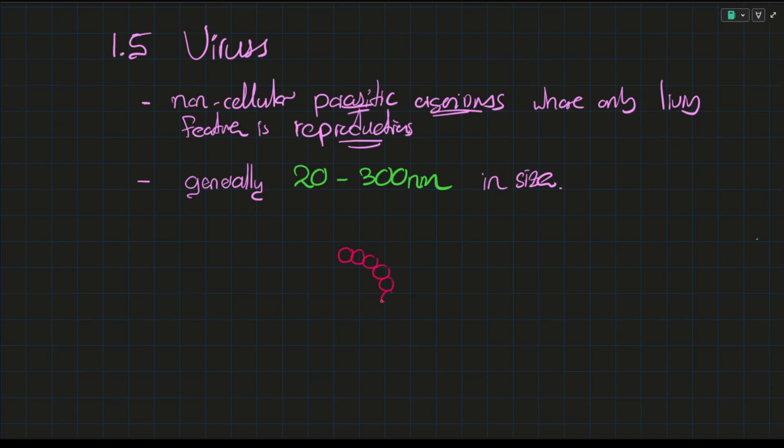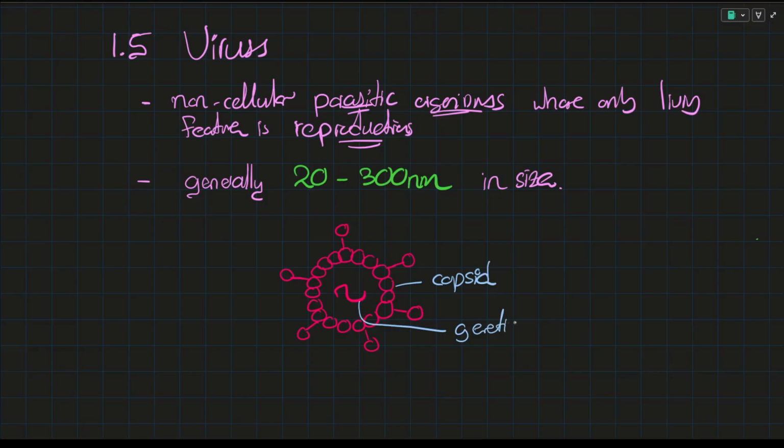Genetic material, and we have these little spike proteins attached. Like that. This is what is referred to as a capsid, and then this is the genetic material of that.